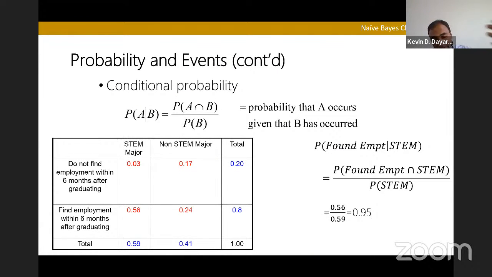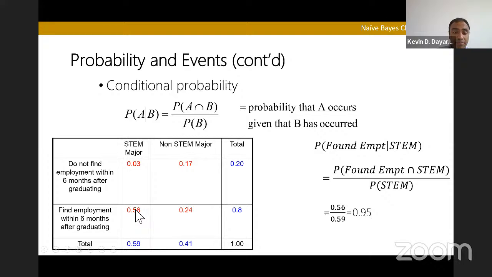This concept is something we directly use in naive Bayes. That is called conditional probability. That is the probability that A occurs given that B has already occurred. For example, assuming somebody is a STEM major, what is the probability that they find employment within 6 months after graduating? Well, this is the definition. The probability of A and B, this joint probability, divided by this marginal probability.